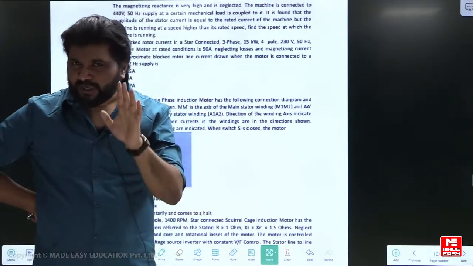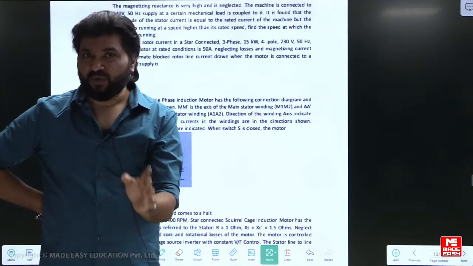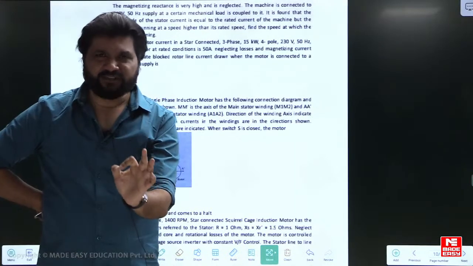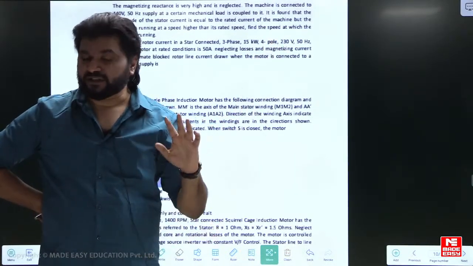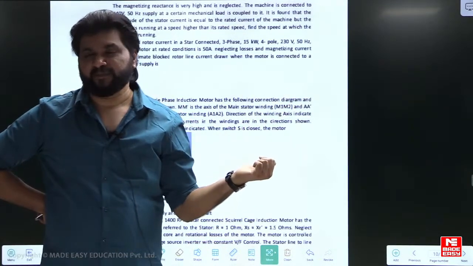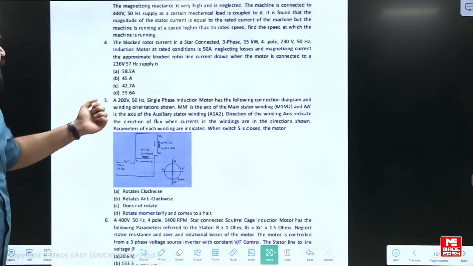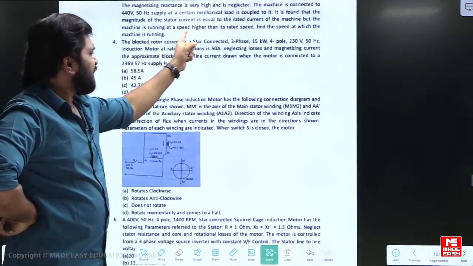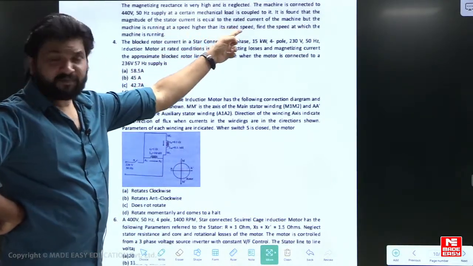Previously it is running at one particular speed, at one particular slip, with some current. Now the same current is flowing in the motor at a higher speed also. That's the logic in the question. They are asking: the machine is running at a speed higher than its rated speed, but the stator current is the same.